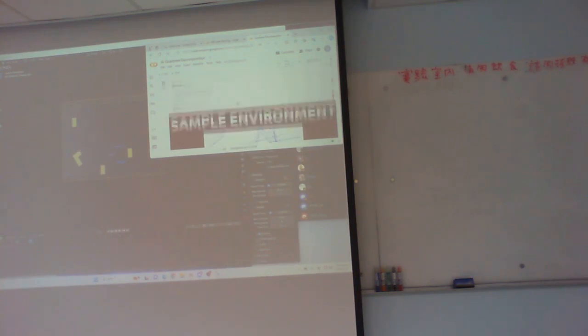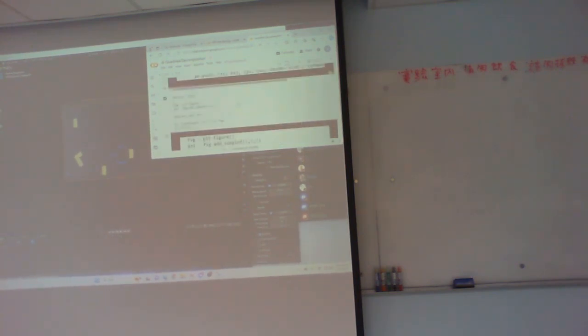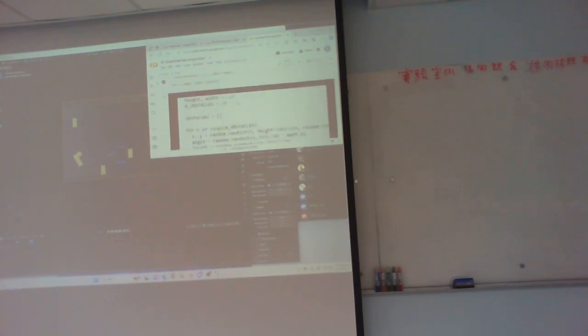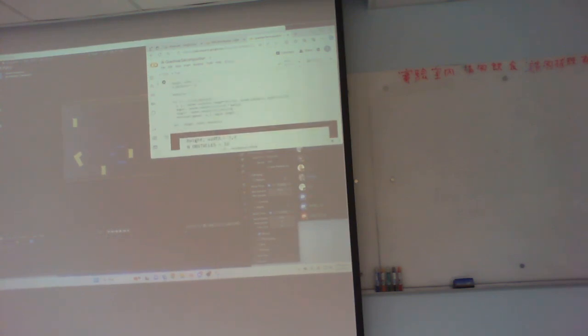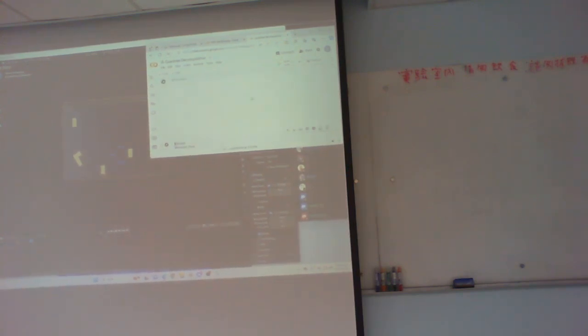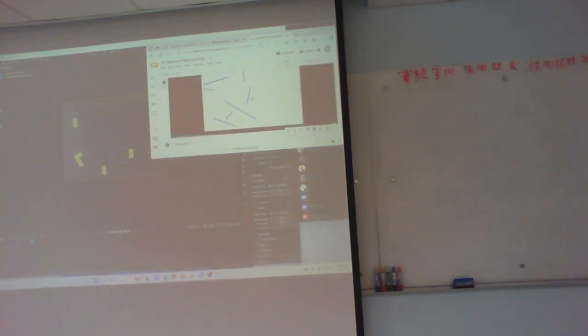I'm not sure why my lines are all so long. Shorter ones. Oh, 3 meters to 20 meters. That's fine. 30 to 200. Right, so here we have an environment now with some wall obstacles, just a few walls.